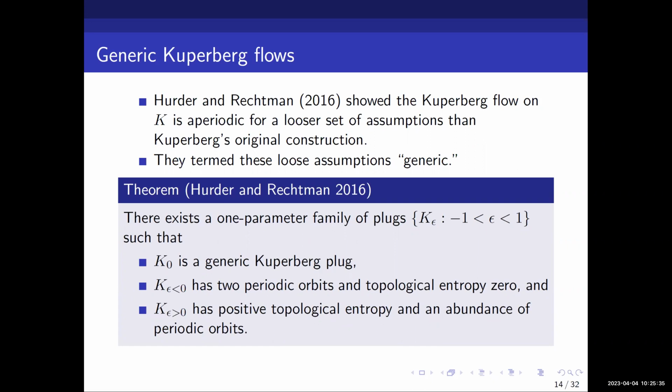The Kuperberg flows are right on the boundary. They're complicated, but they're not complicated enough to get positive topological entropy. It's kind of a paradox. But the Kuperberg flow itself has 0 entropy. That is a consequence of that Katok theorem that I showed you earlier.